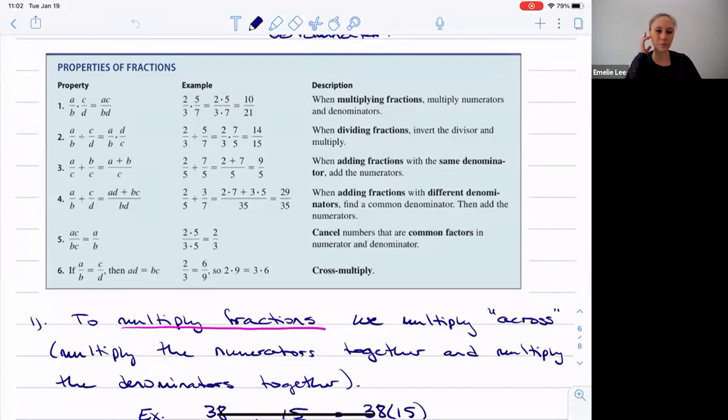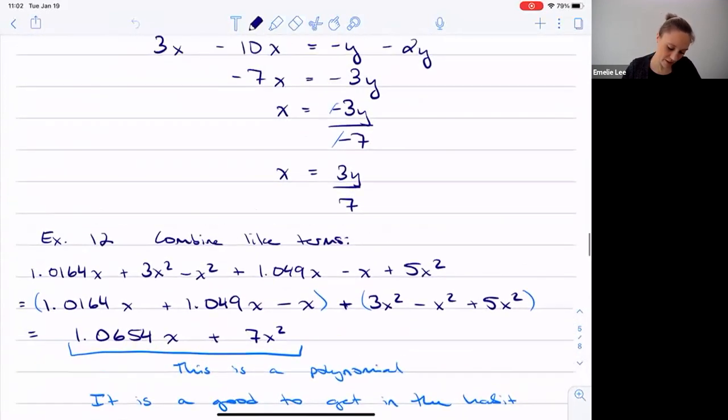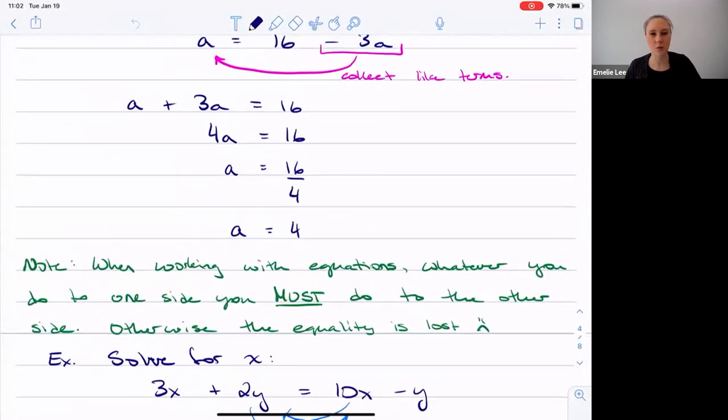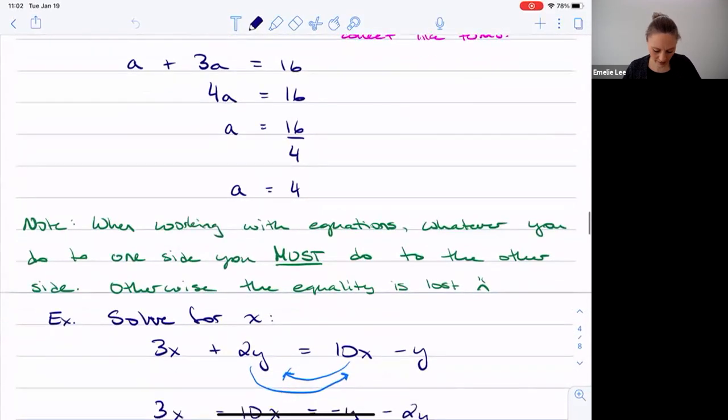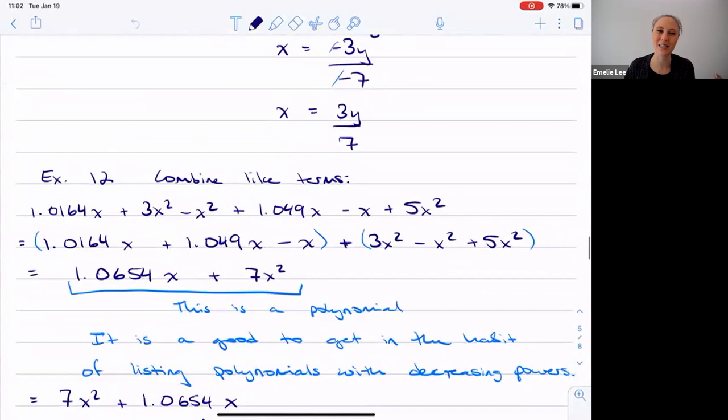Okay, so for a little bit of review, we didn't get very far, but we did talk about order of operations, so BEDMAS, and combining like terms, which we're going to come back to today, so I'm not going to review it explicitly.